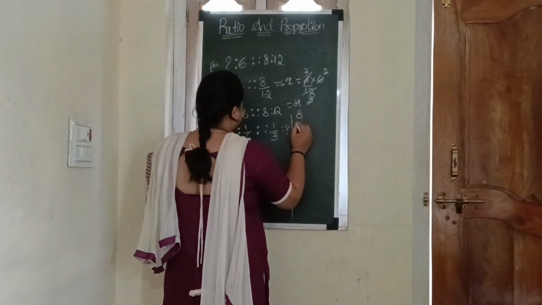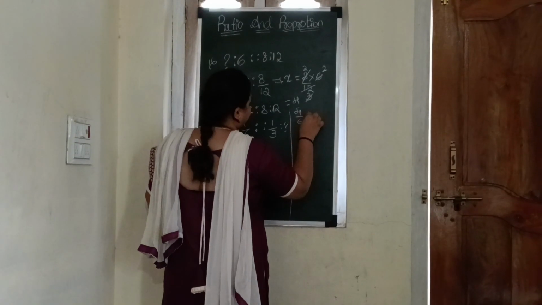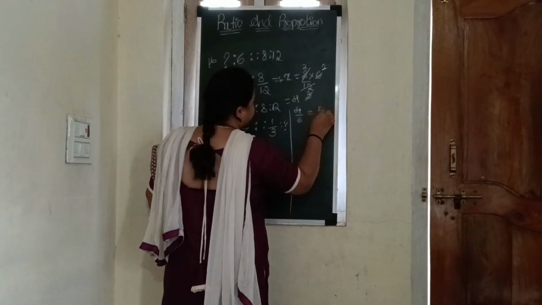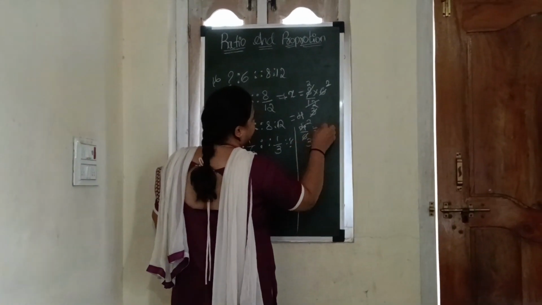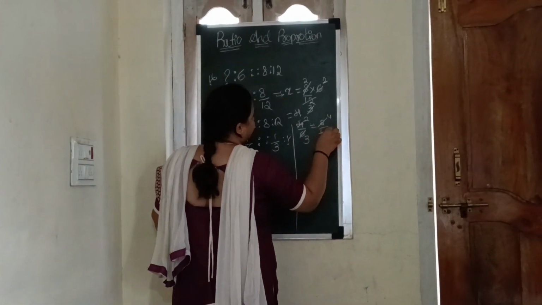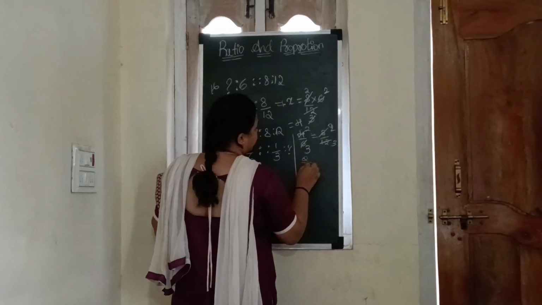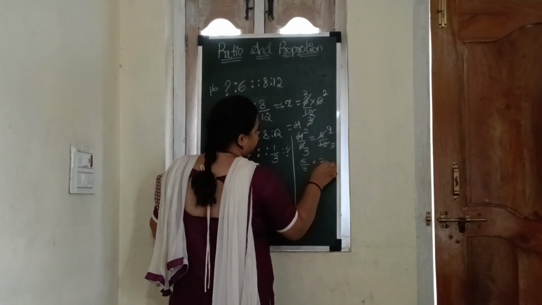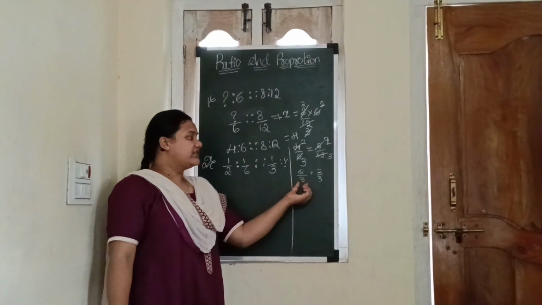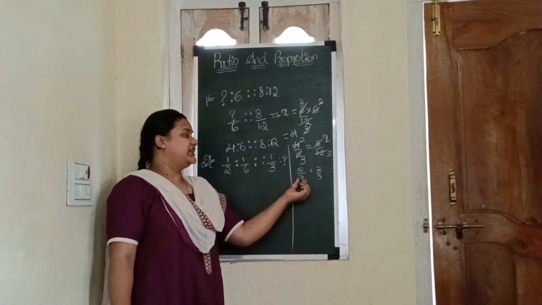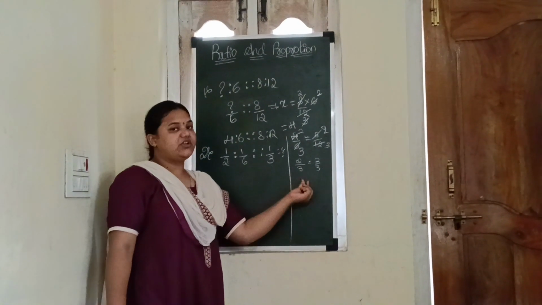We'll check it out. 4 by 6 is equals to 8 by 12. So 2 by 3 is equals to 2 by 3. So it is proved. So what the statement said, that in proportions the two ratios should be equal. So the ratios are equal.